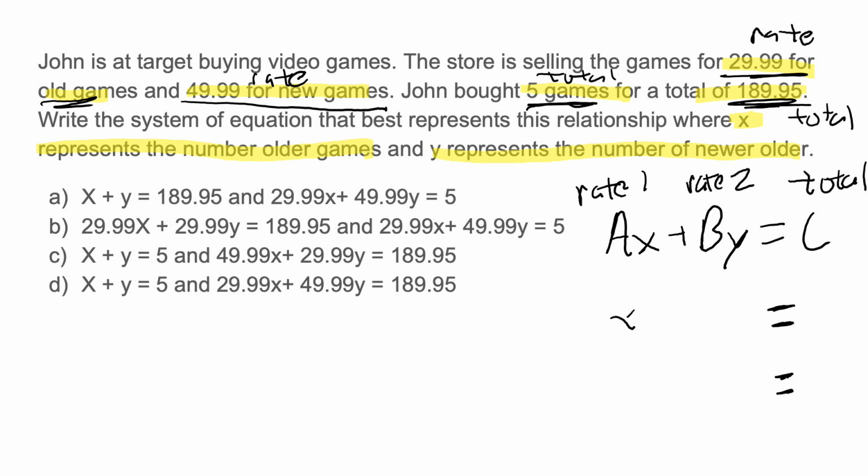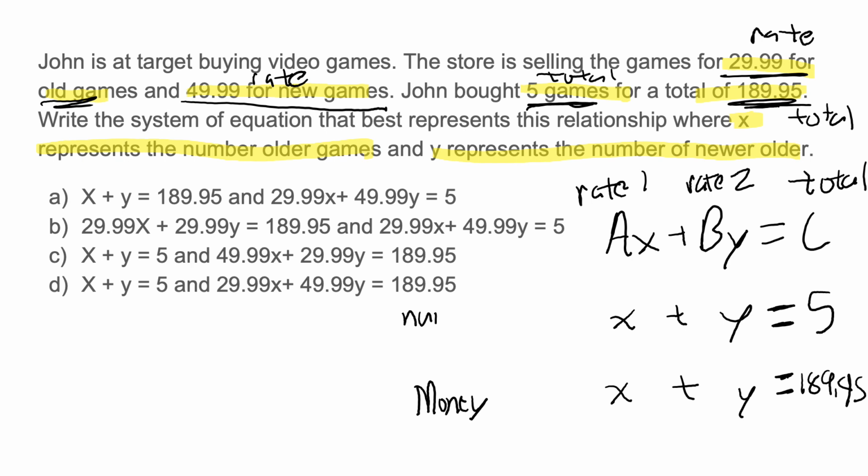So I got x plus y equals 5 and 189.95. So we know that this one is talking about money. We know that the first one's talking about number of games.